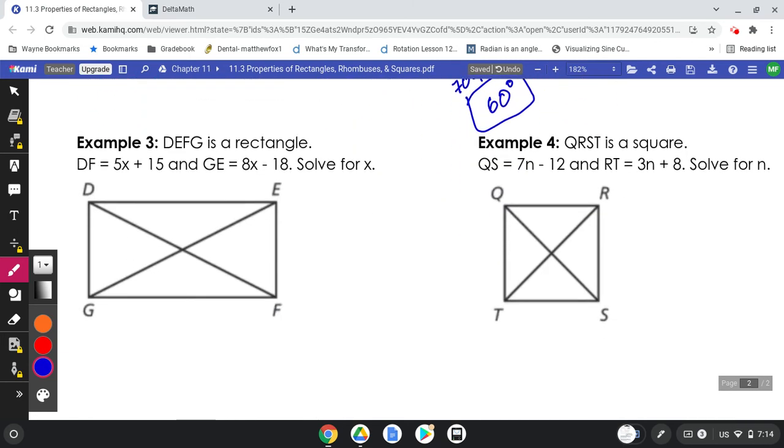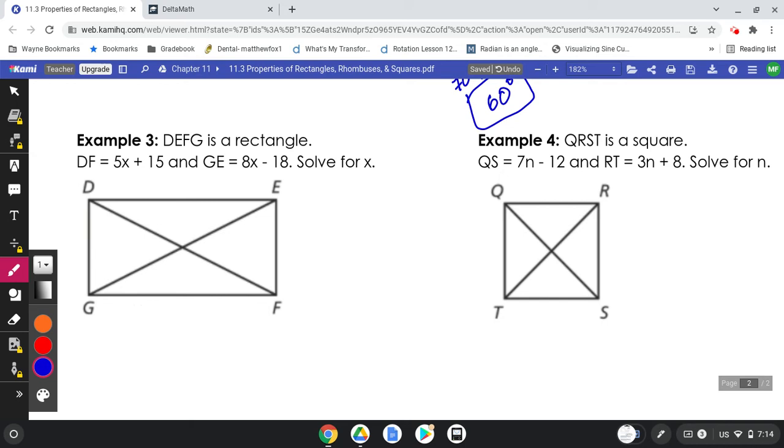All right. Our next one. Example 3 has DEFG. This is a rectangle. So if it's a rectangle, let's think about what that tells us. We know rectangles are parallelograms with all four angles as right angles, and they also have congruent diagonals. So here DF is 5x plus 15, GE is 8x minus 18.